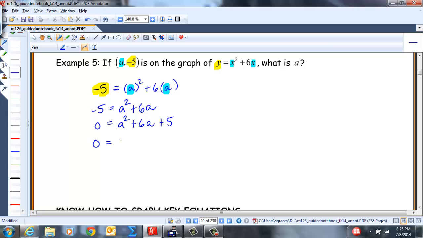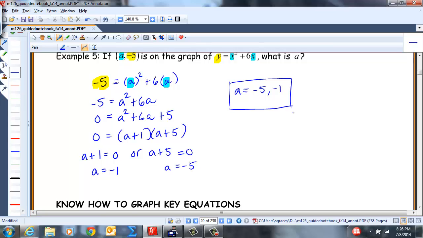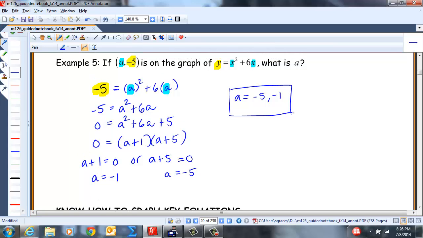We'll get 0 is a plus 1 times a plus 5. So we would get a plus 1 is 0, or a plus 5 is 0. So a will be negative 1, or a will be negative 5. And we're good. And you can plug it into the original equation and you'll see that you get a true result.